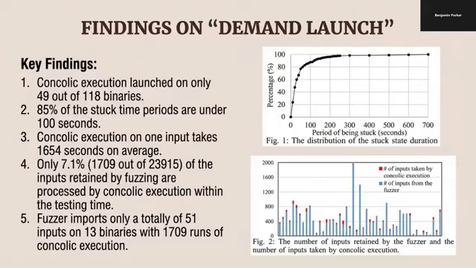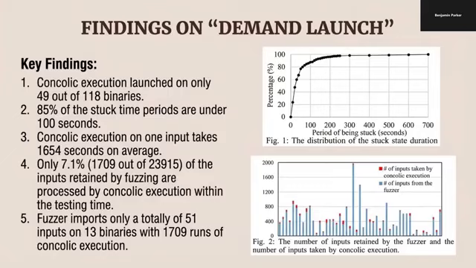It was just finding more in very shallow areas of code that didn't need it. Just because the fuzzer is making progress doesn't mean it isn't missing crucial code. Furthermore, 85% of the times it did get stuck, it only lasted below 100 seconds, meaning it wasn't often truly stuck.